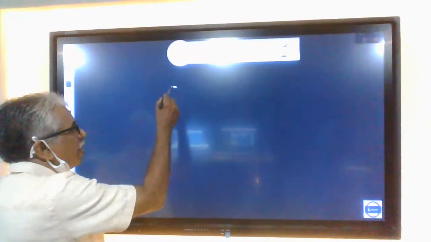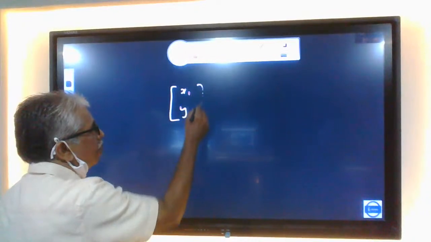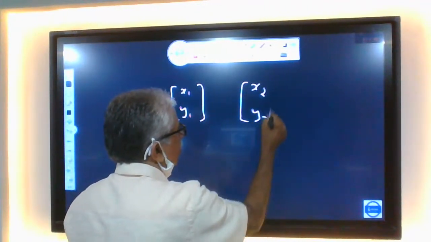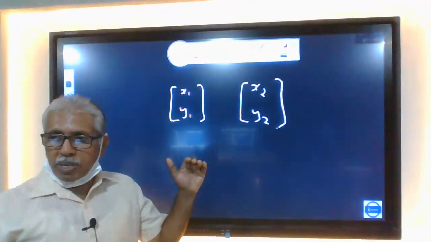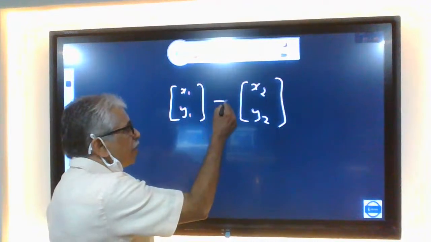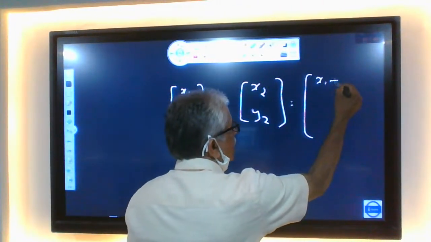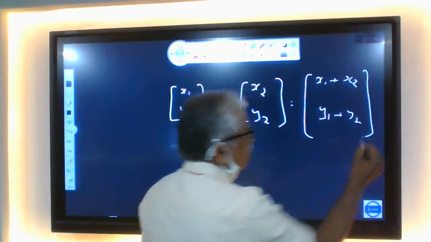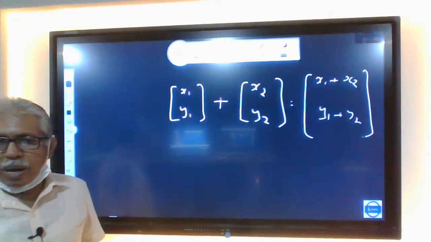Let us see two points x1, y1 and x2, y2 in the two-dimensional plane. Their sum is x1 plus x2, y1 plus y2, which is another point in the two-dimensional plane.